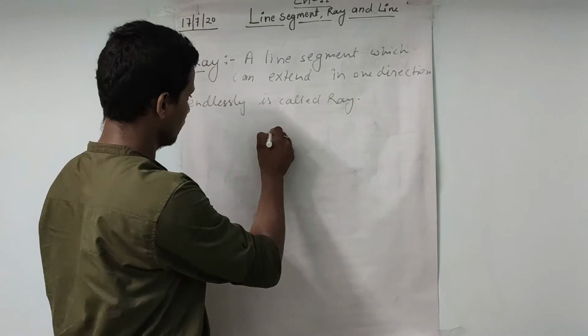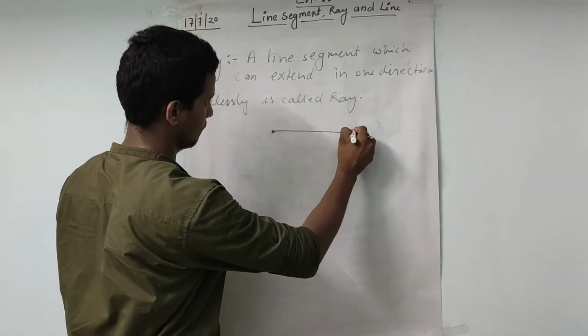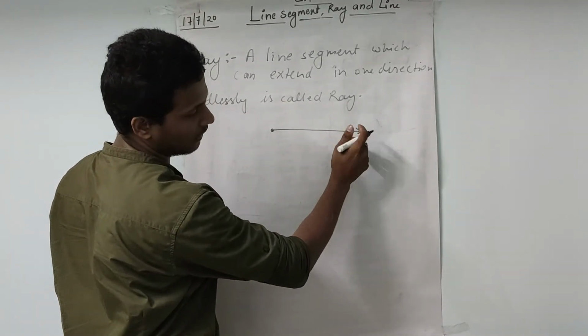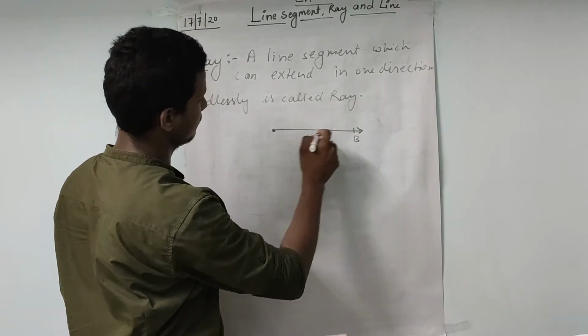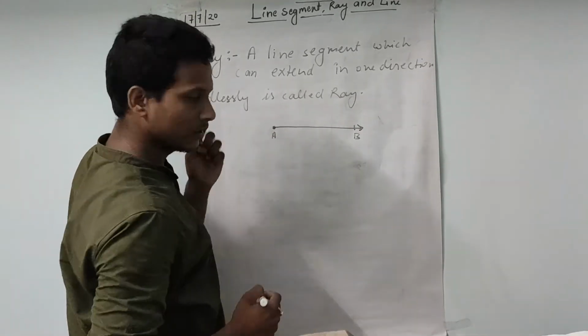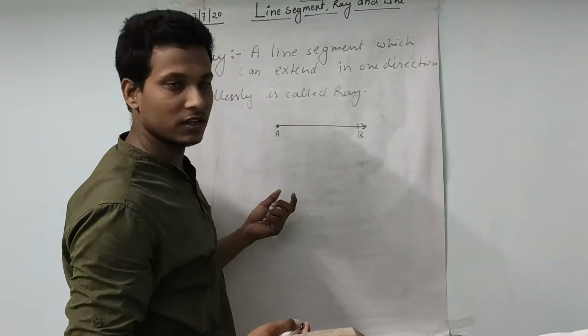This is the figure for a ray. This cut is only an indication. This is not the end point. This is the end point or starting point, you can say.